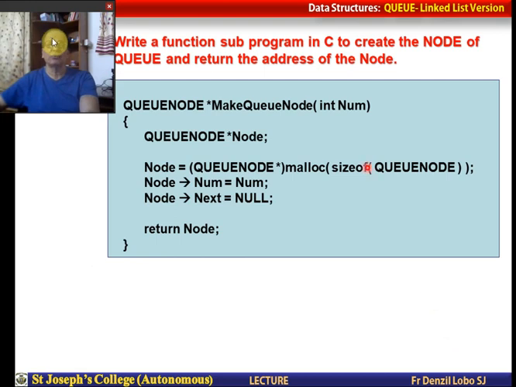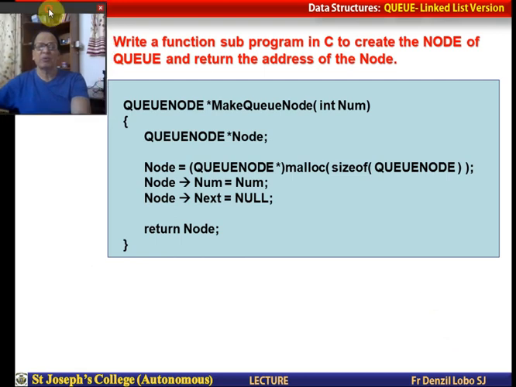With that we come to the first function. We want to write a function subprogram in C to create a node of Q which will return the address of the node. It will load that number data item and return the address. Again, you are very familiar. So QNODE star makeQnode.